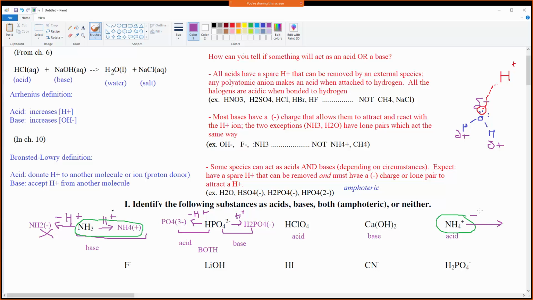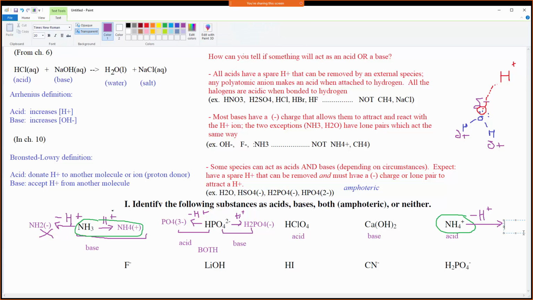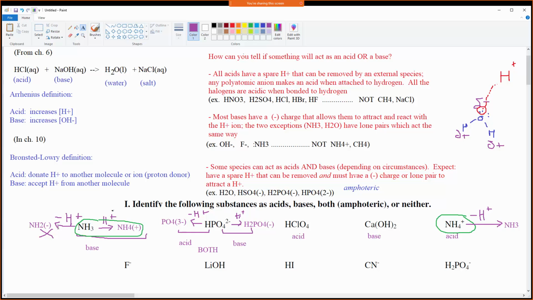We can remove the hydrogen ion, and you would be left with the NH3 species, right? So the NH3 and the NH4 plus are related. We call them conjugates. It's a conjugate acid-base pair where the NH4 plus is the acid, the NH3 is the base.